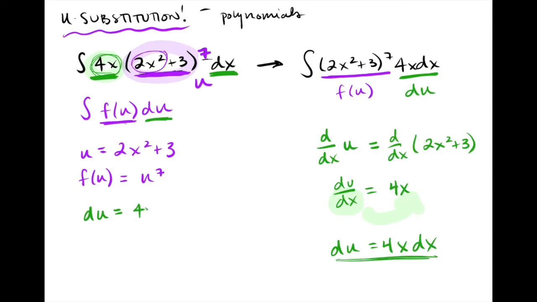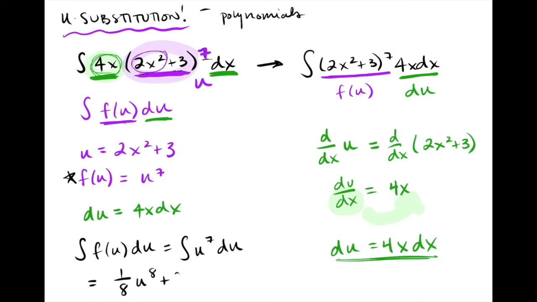My du is 4x dx, and I can now go ahead and solve my integral f of u du. Remember, because f of u is u to the 7th, this is equal to the integral of u to the 7th du. Taking the integral of something to the 7th just means that I do 1 over 8 times that thing to the 8th plus C.